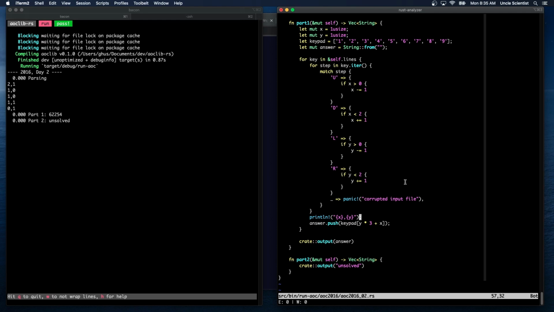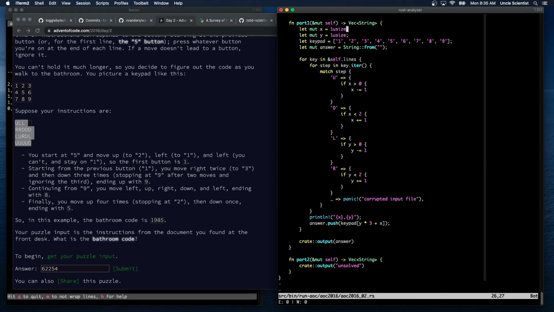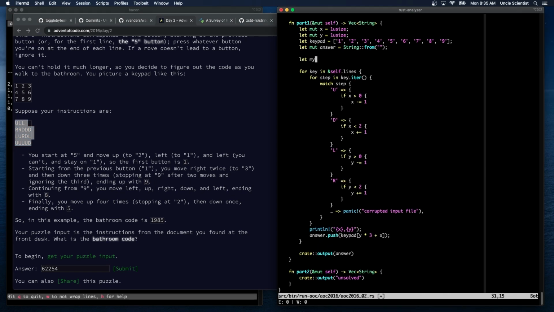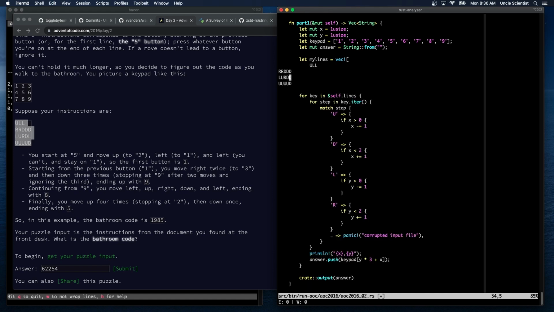And we start at the previous location each time. So it's not like we have to reset to 1, 1. So I guess what we can do is we can try it out with these instructions and see. Let my lines equals vec bang. What's the easiest way to do this?